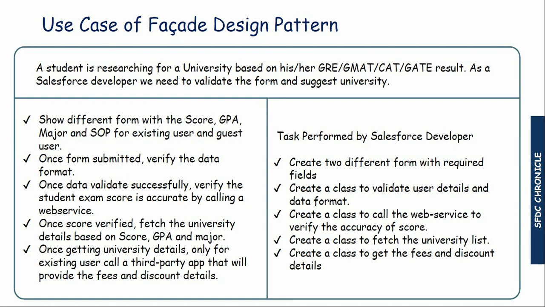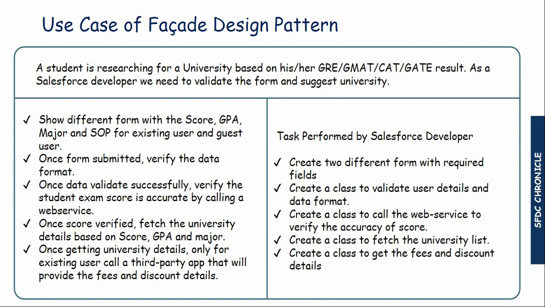Once the form is submitted, in the backend the data gets verified, whether the format is okay or not. Once the data is validated successfully, we need to verify whether the student's exam score is accurate by calling a web service. That is our requirement.